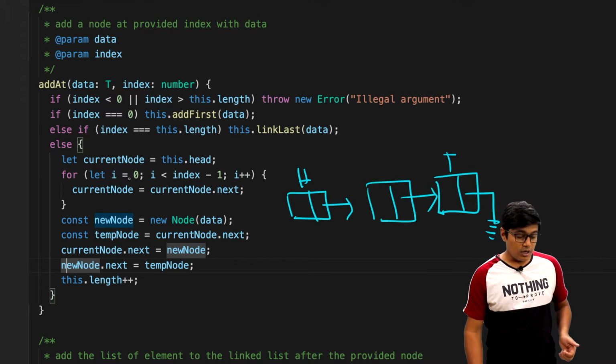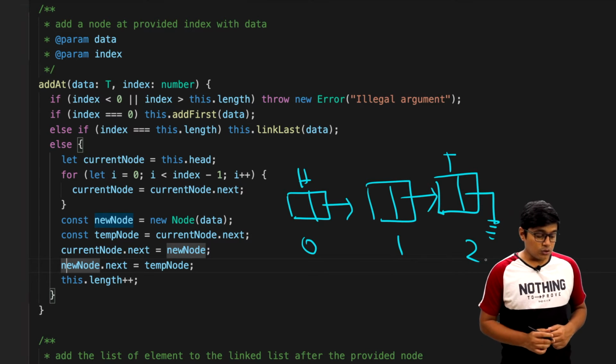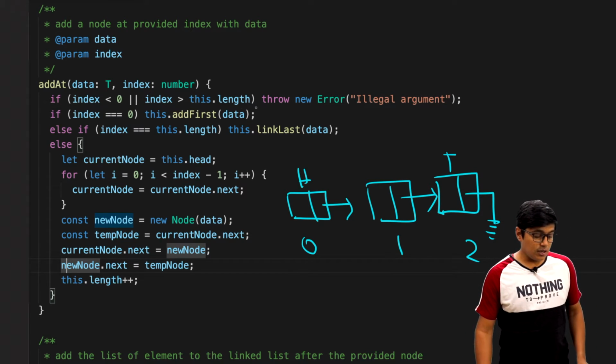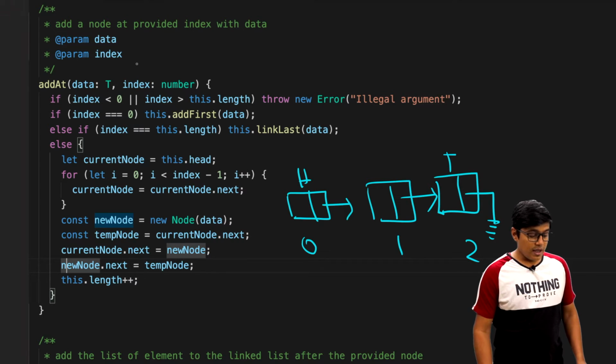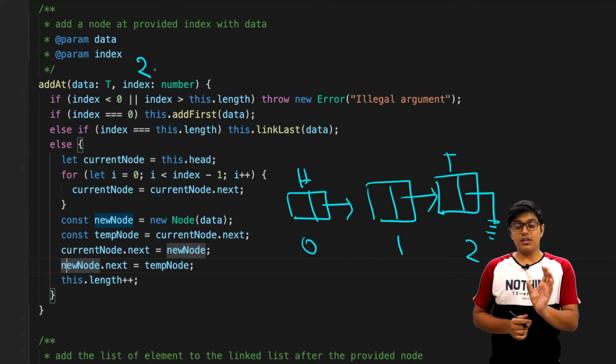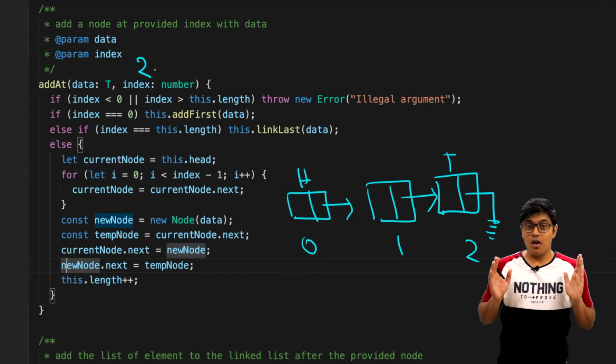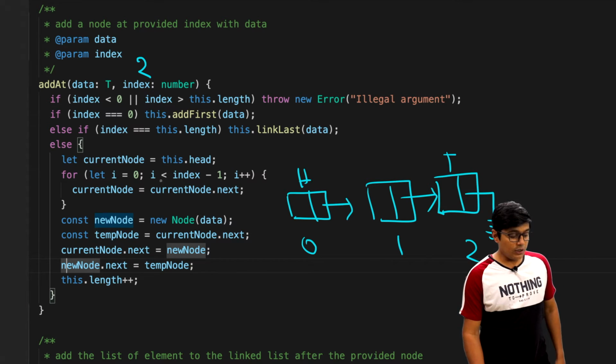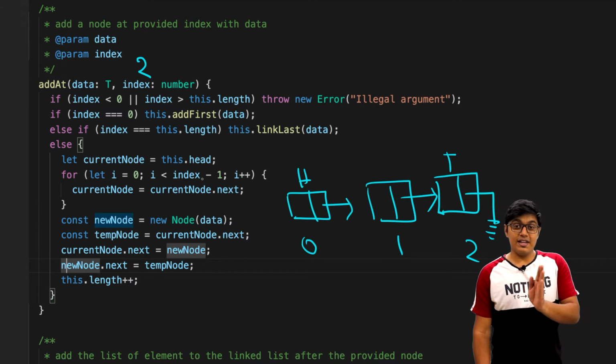Why? Suppose I draw it like this, 0 1 2. Suppose I pass the index as 2, so I want to insert the node at the second index of the linked list. It will go and check till index - 1.